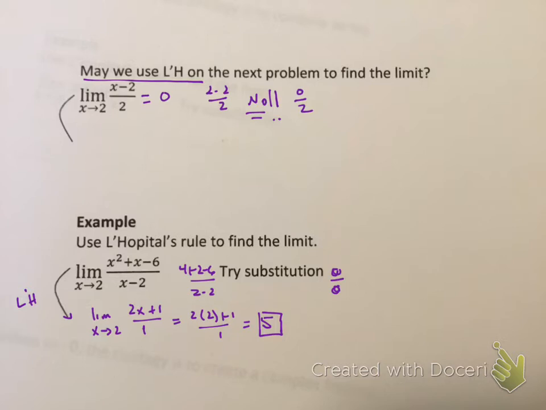But just to remind you what you did earlier in Calc 1, back in January, which seems like years ago, you could have factored that, and I'm just going to go ahead and factor it. That's x plus 3 times x minus 2. This is all ringing a bell. Over x minus 2.